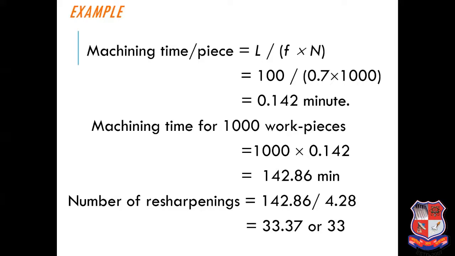So how many times is the resharpening of the tool required? Because the tool will fail or the cutting edges will become dull after 4.28 minutes, and the total machining time is 142.86 minutes. Therefore, we have to divide it by 4.28, and we will get 33.37. It means that 33 times we have to resharpen the cutting tool.